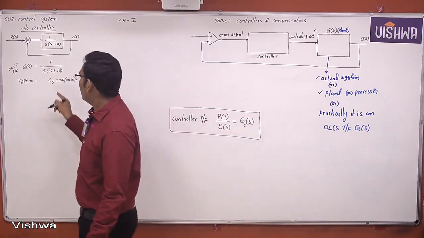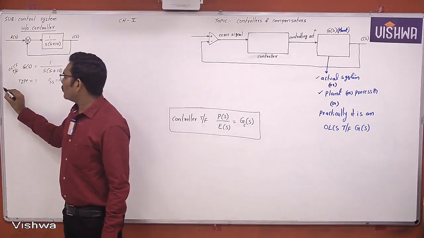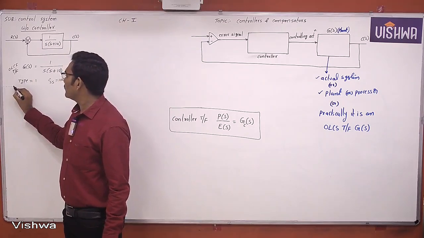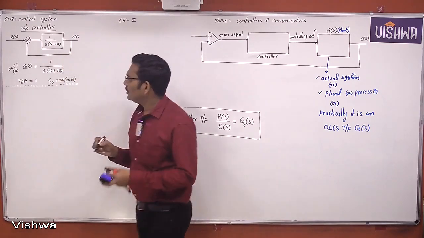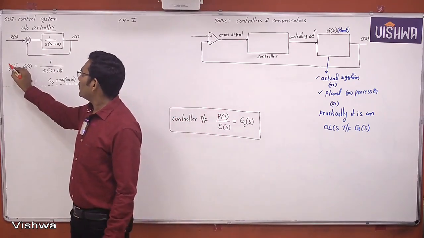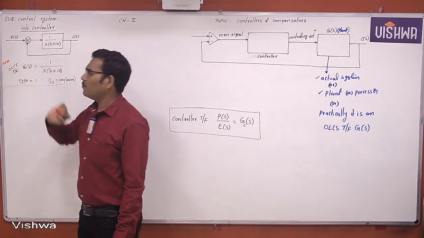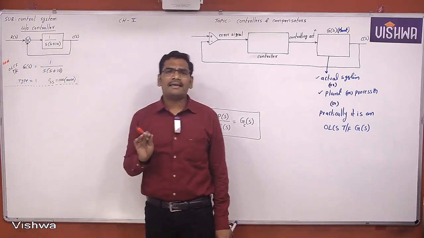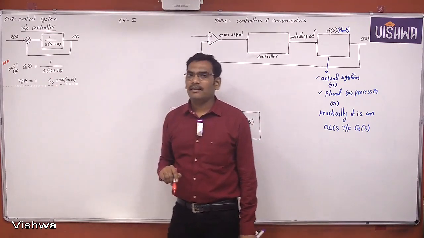Now this is the error part, the error value, which is a steady state analysis part. So error and the calculation of steady state error deal with the steady state analysis.